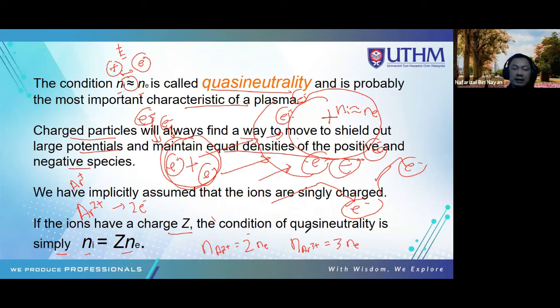That is the condition of quasi-neutrality that we have to comply with. It's a simple reaction: argon plus the electron gives argon plus and 2 electrons. This is the simple chemical reaction when you want to express ionization, right?